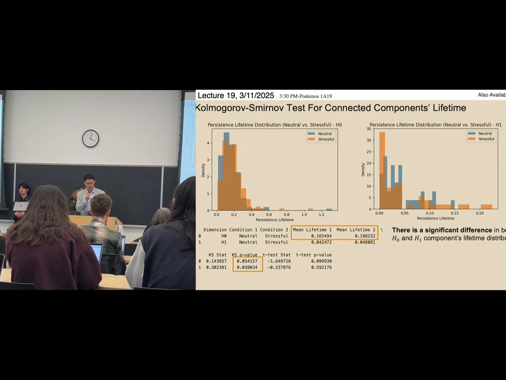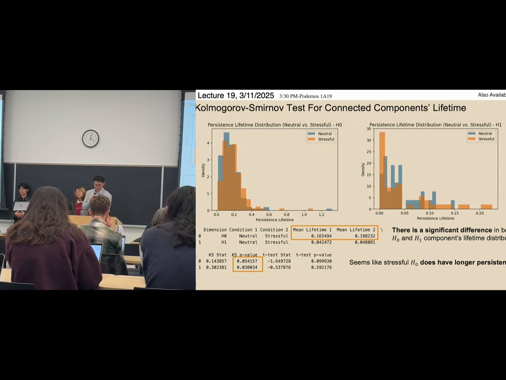In H0, we see that the mean lifetime for stressful conditions is a little bit longer. That may indicate more persistence of ruminating thoughts. And we do care about the significant difference here.